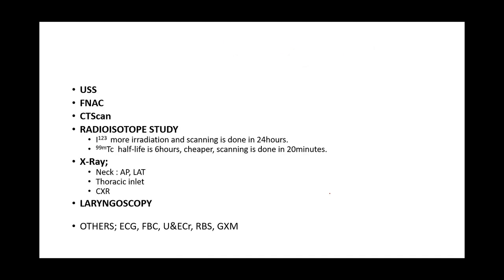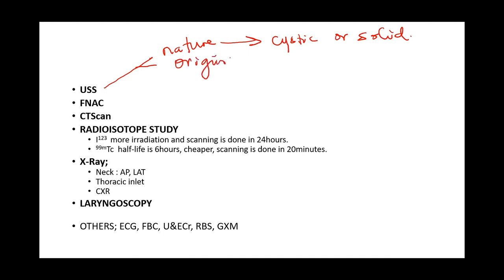The neck ultrasound scan, a high-resolution ultrasound scan of the neck. The purpose: one, it defines the nature of the swelling, whether the swelling is cystic or solid. It also tells you the origin, that this swelling originates from the thyroid gland.